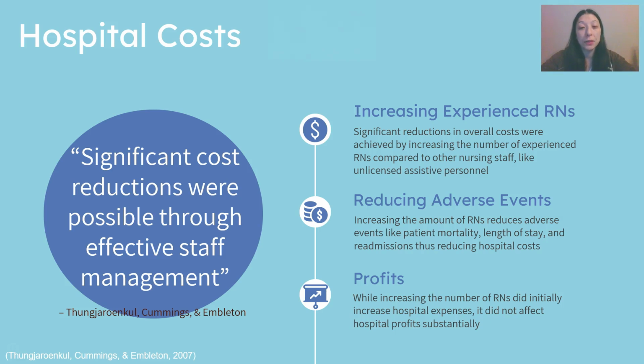Increasing the amount of registered nurses reduces adverse events like patient mortality, length of stay, and readmissions, thus reducing hospital costs. While increasing the number of registered nurses did initially increase hospital expenses, it did not affect profits substantially afterwards.